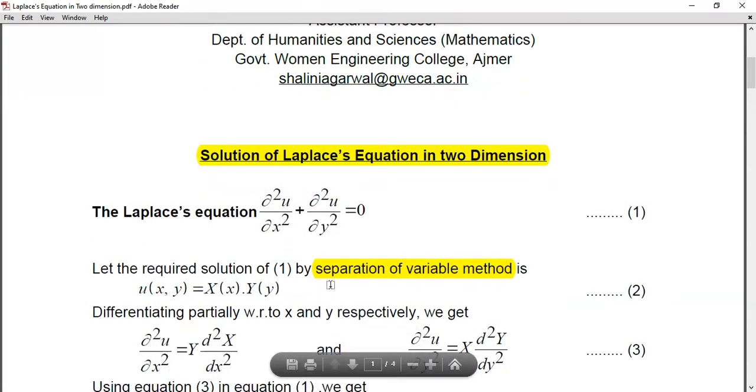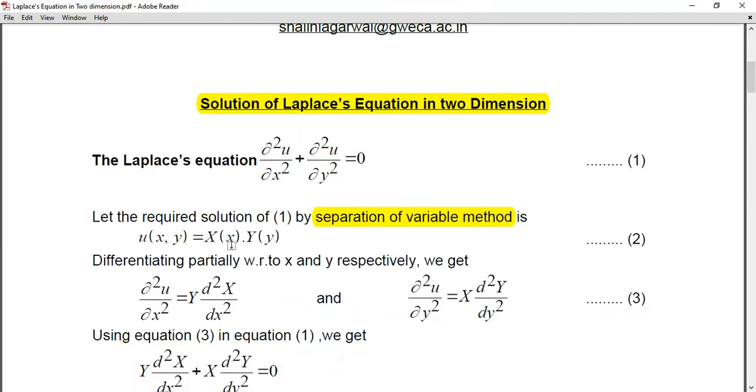We all know the separation of variables method: we assume the solution of the given equation. So here we assume u = XY is the solution of the Laplace equation, where capital X is a function of x alone and capital Y is a function of y alone.